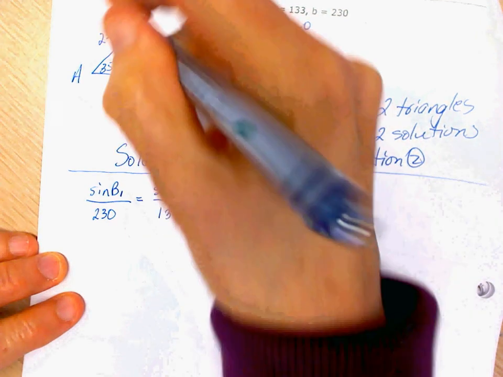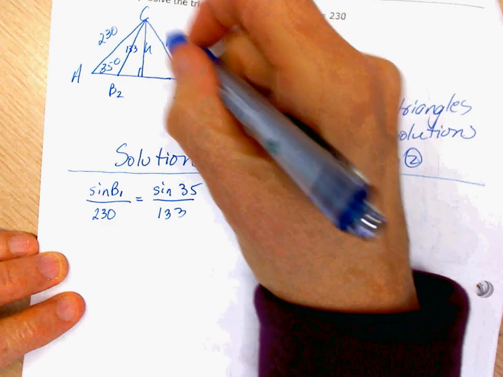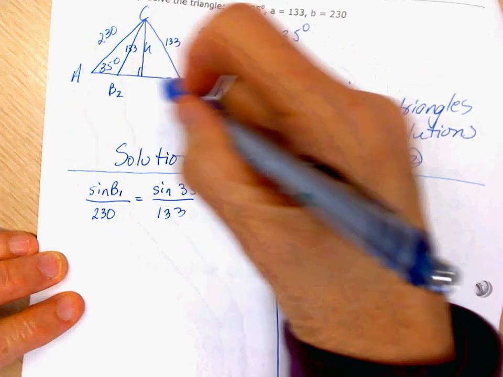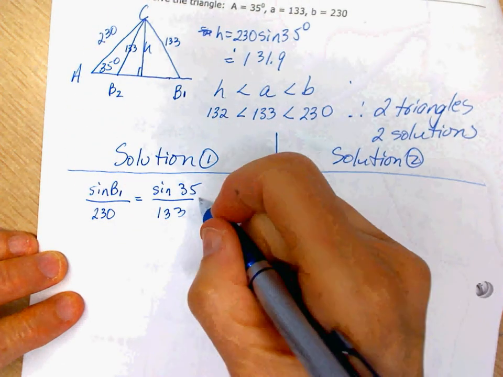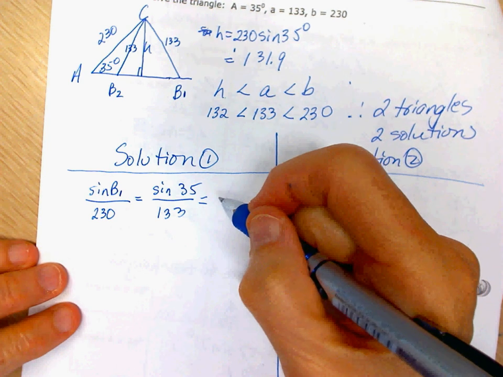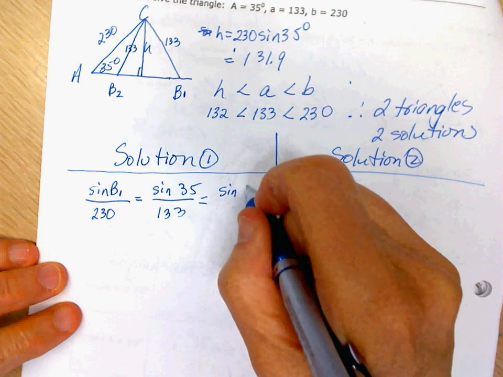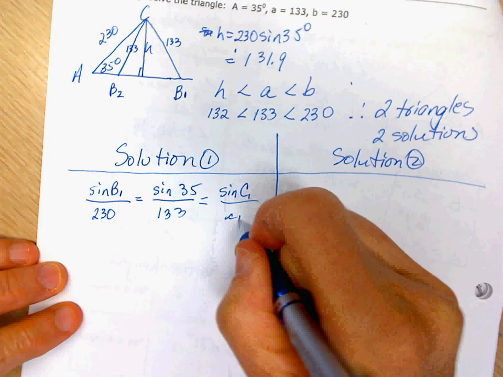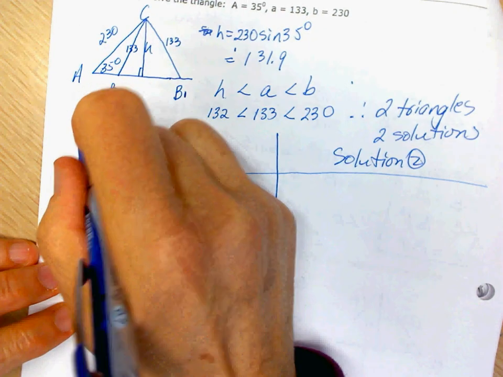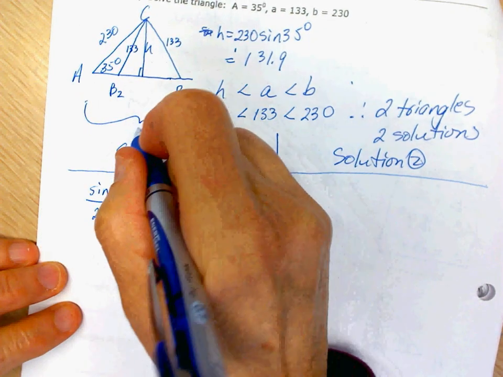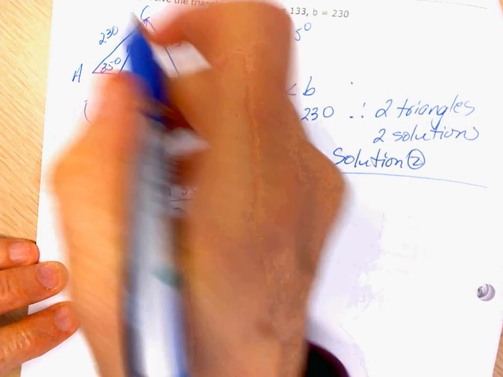This one here is equal to sine of C1 over little c1. So this is going to be C1, the big side, and this is going to be C2, the little guy here.